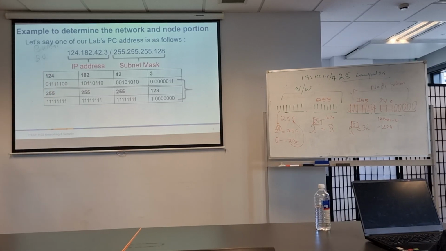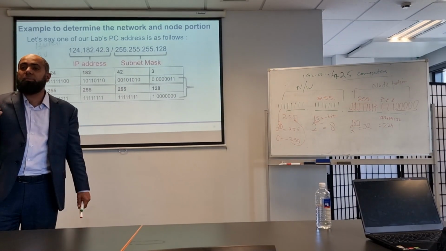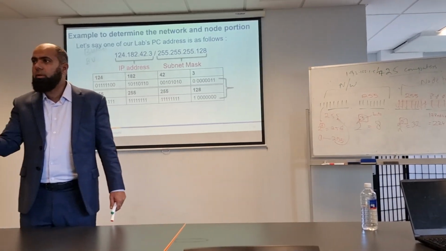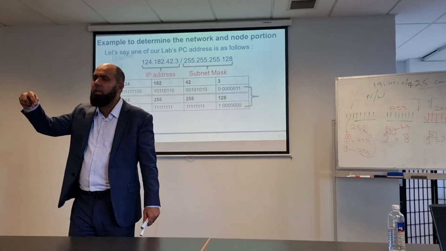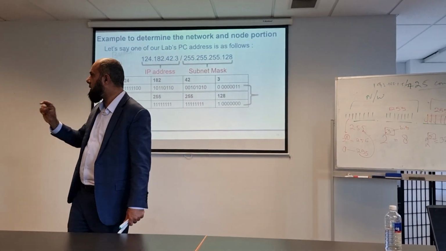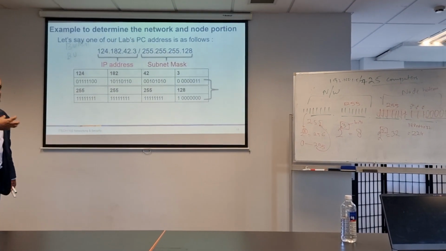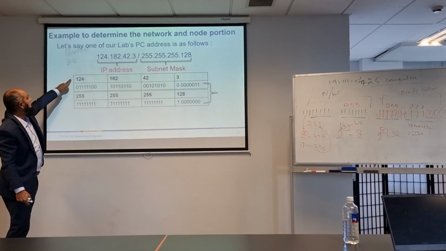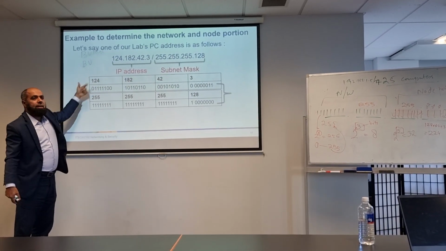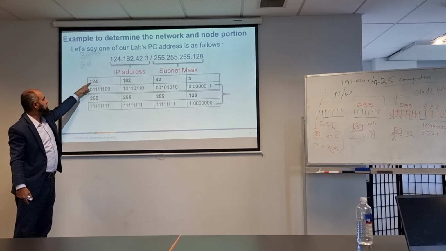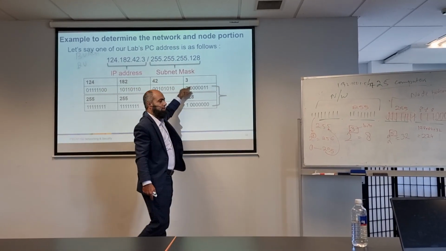Now my question is how to show what my network ID is, from where this whole communication starts, what the local router's IP address is, from where the first IP address of this network starts. So what we do is convert 124.182.42.3 into binary first. 124 is this, 182 is this, then 42 and 3.